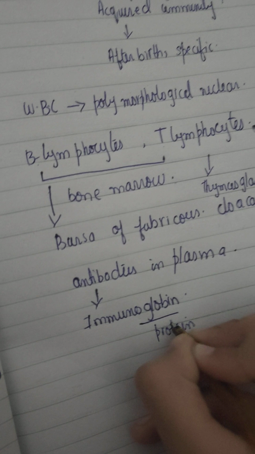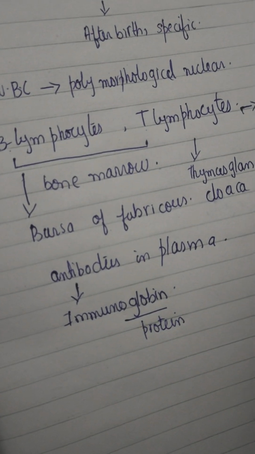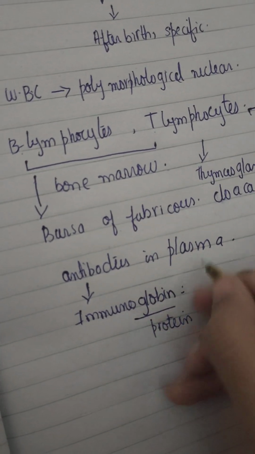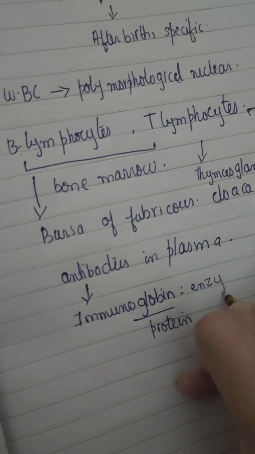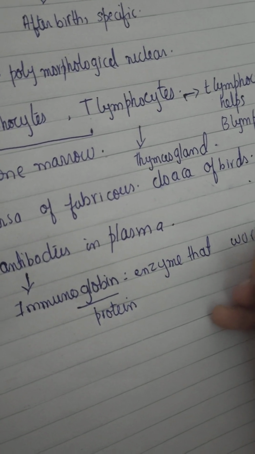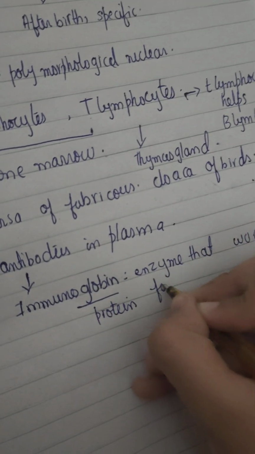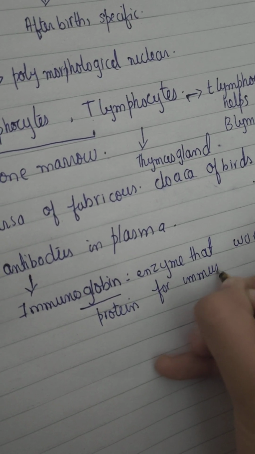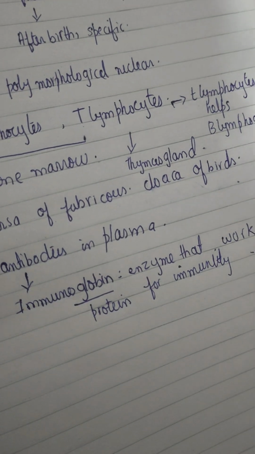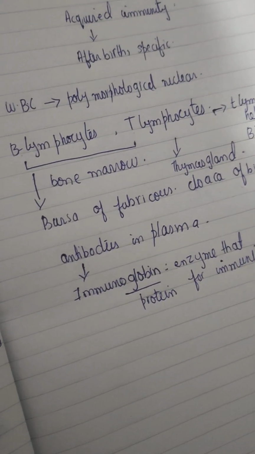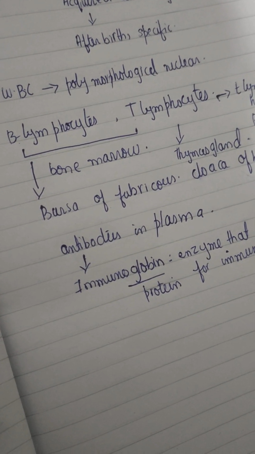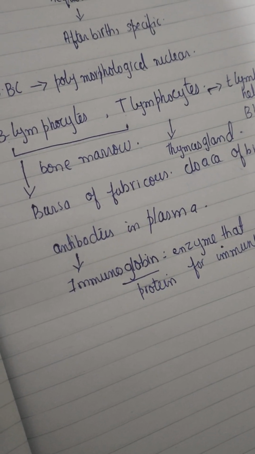Basically it is a protein that works for immunity, to kill pathogens and to create antibodies against the pathogen. So that was about the acquired immune system itself.